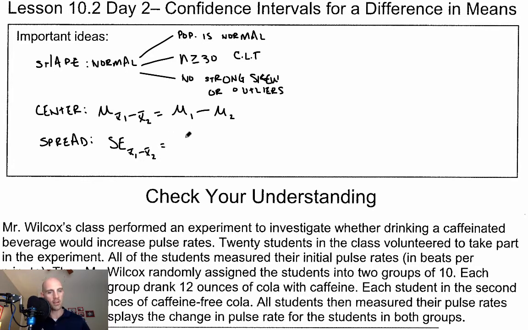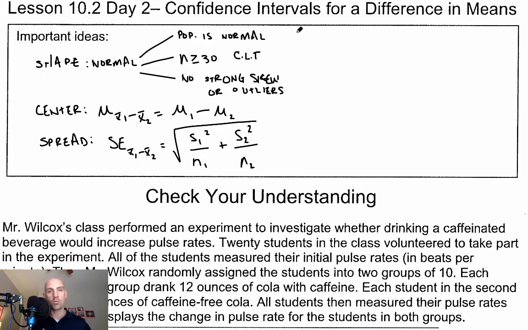Our formula for that is going to be the standard deviation of sample 1 over the square root of N1, squared, plus standard deviation 2 squared over N2, accounting for the sample sizes of those two given samples.